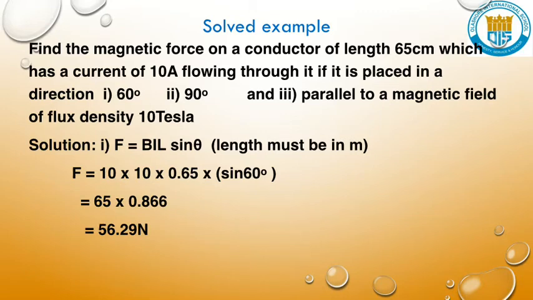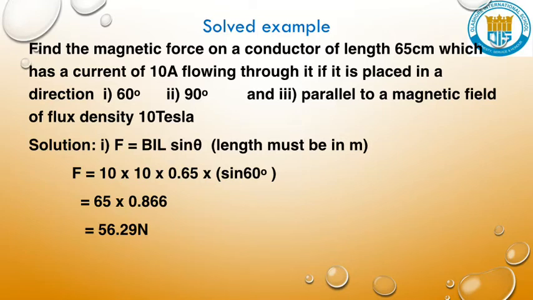The current is given, and then you are also given the magnetic field strength, 10 Tesla, and 3 different angles. Now, the solution for the first one, the angle is 60 degrees. As I said, F equals BIL sine theta. Don't forget, your length must be in meters.